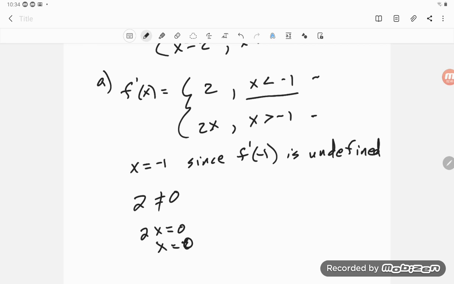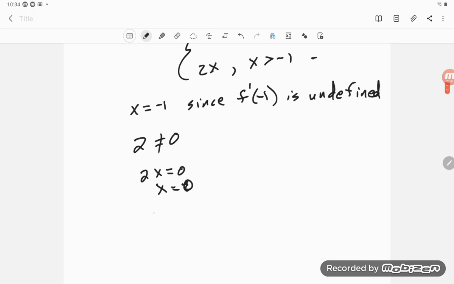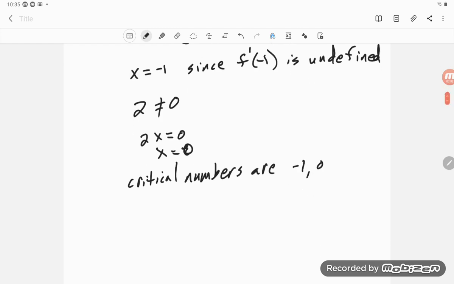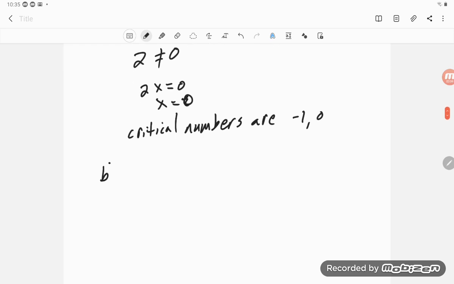So my critical numbers are negative 1 and 0.